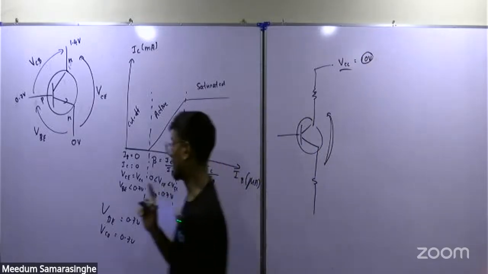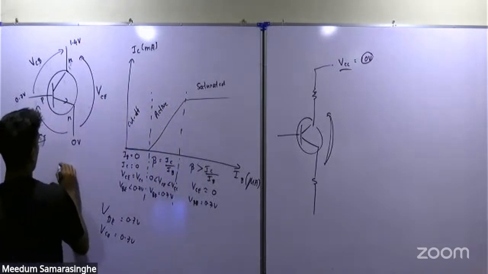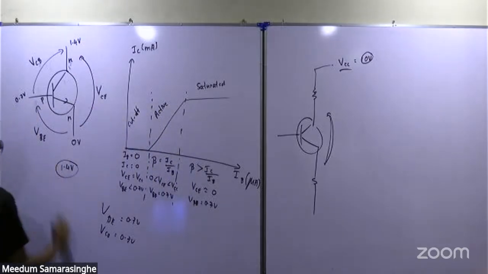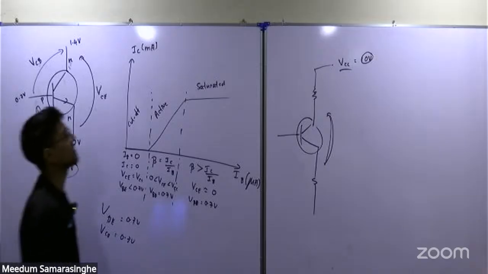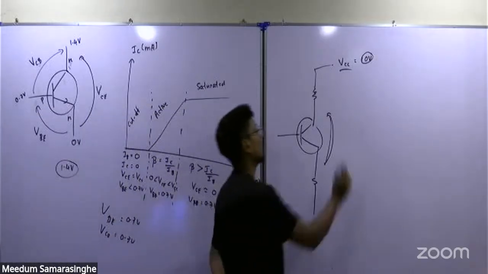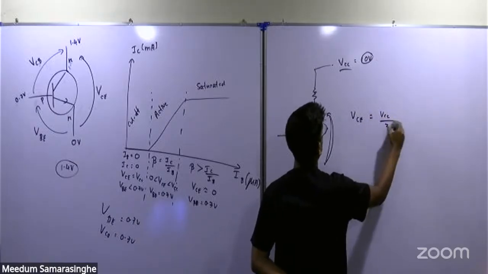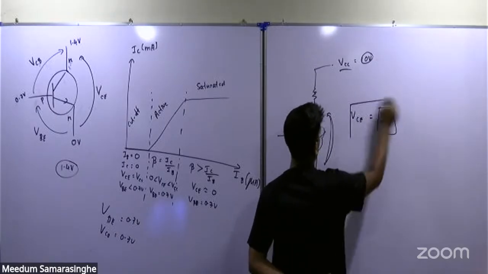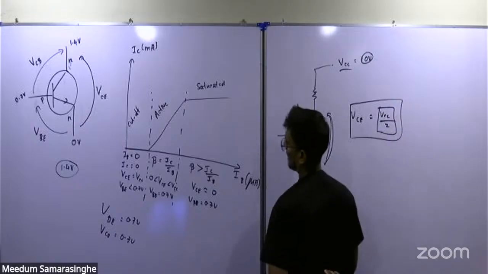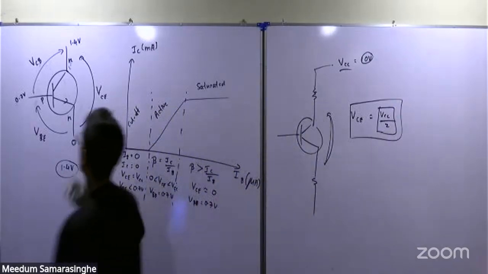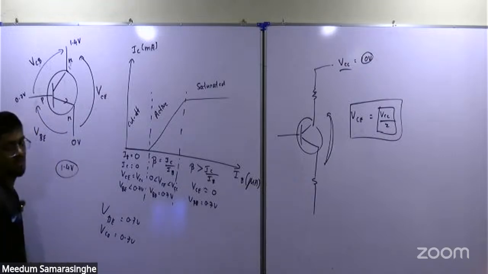So when you consider the first answer, the VCE is how much? 1.4 volt. That is very little. Usually we bias the transistor so that the VCE voltage is approximately equal to half VCC. That is like a rule of thumb. So here also it is in the active region, but the most suitable answer is the fourth one.